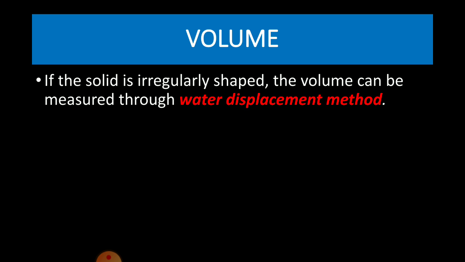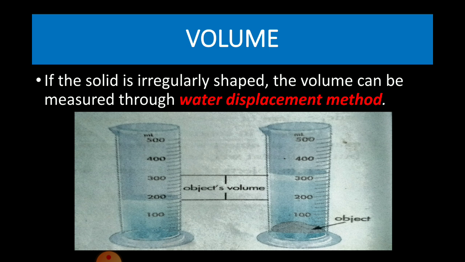If the solid is irregularly shaped, the volume can be measured through the water displacement method. The object is totally submerged in water in a graduated cylinder or beaker. If the object floats, a thin pointed instrument is used to press the object down until it is fully covered by water.